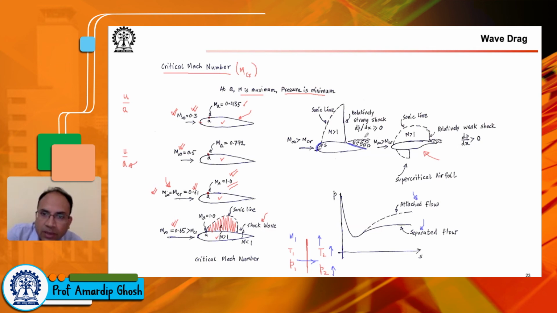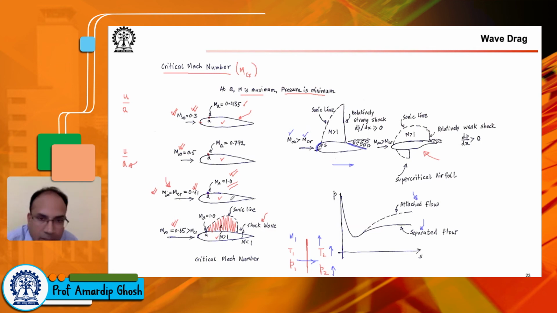And because of that, you have a large drag in the direction of the relative wind. So you see in this particular case, M infinity is greater than Mach critical, which means that when it becomes Mach critical, you reach sonic condition at some point of the wing for the first time.